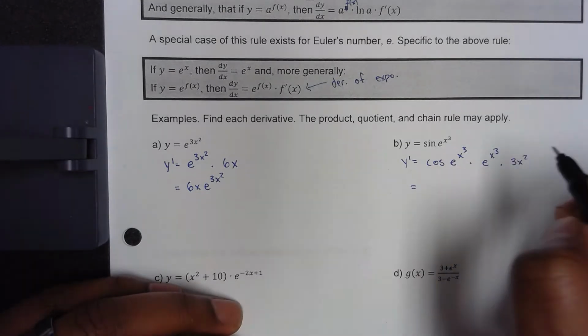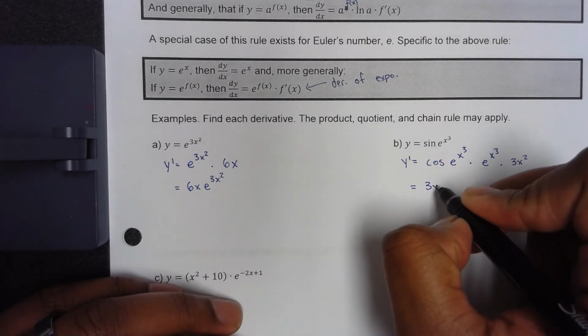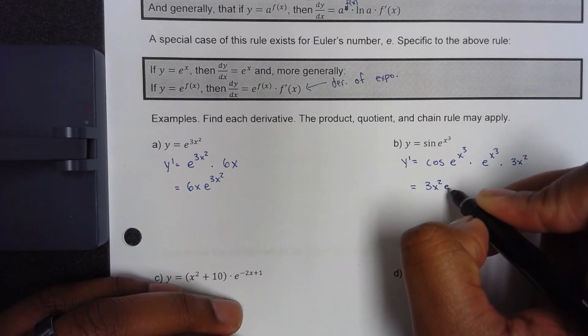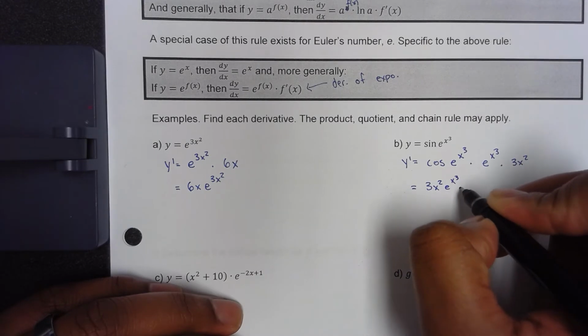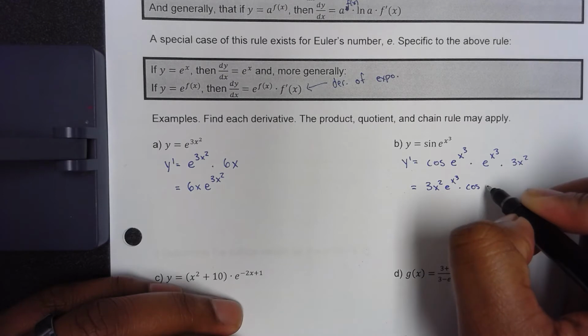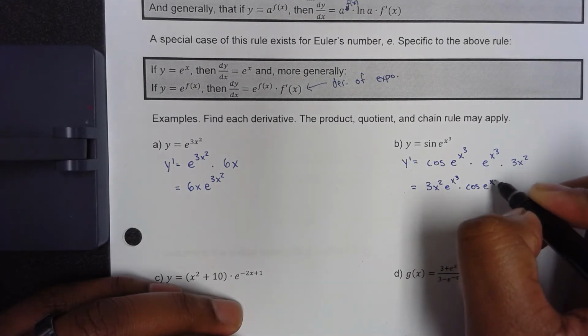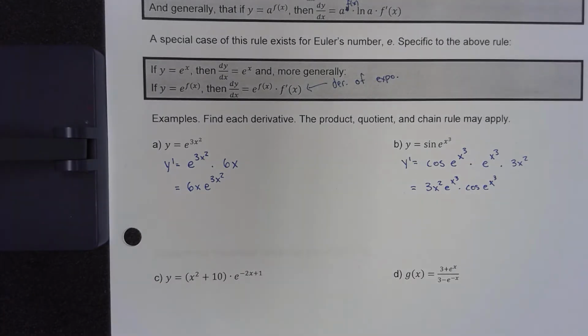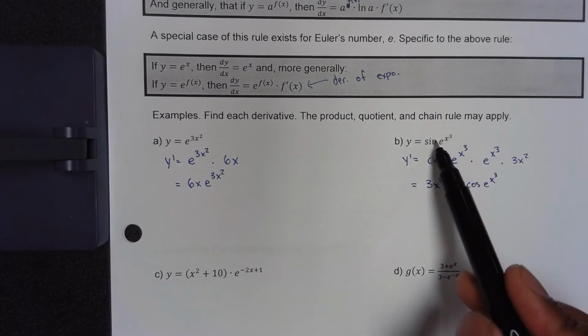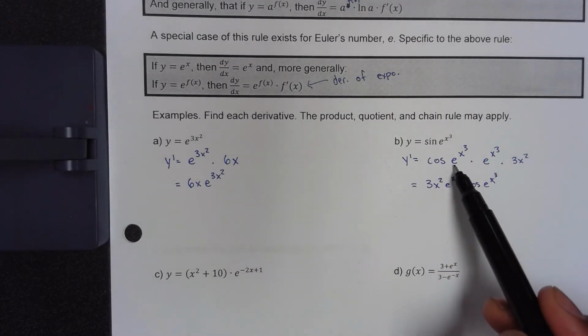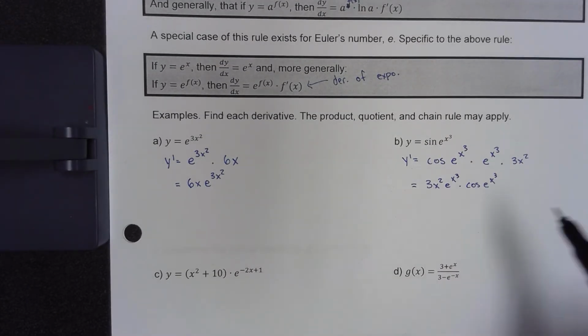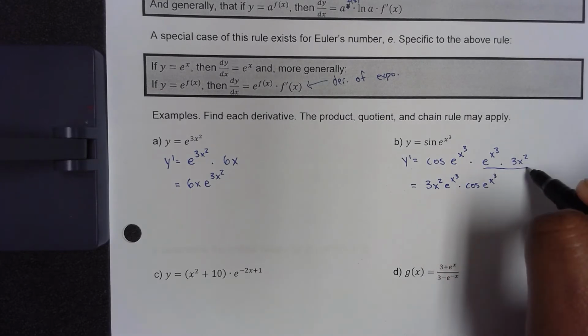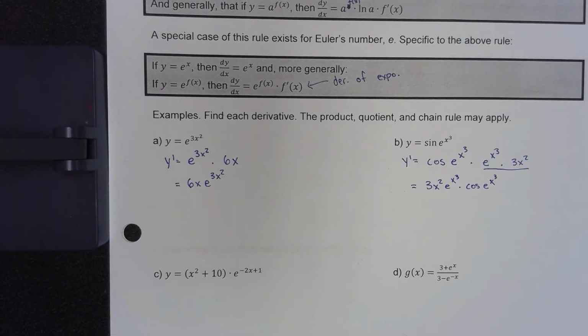Rewritten, that gives us 3x squared e to the x cubed times cosine e to the x cubed. Notice, again, we did the derivative of sine, which is cosine, never change the angle, multiplied by the derivative of the angle, which is that.